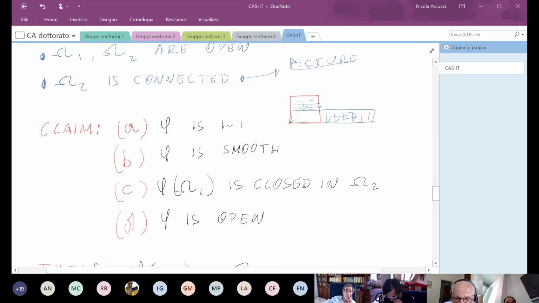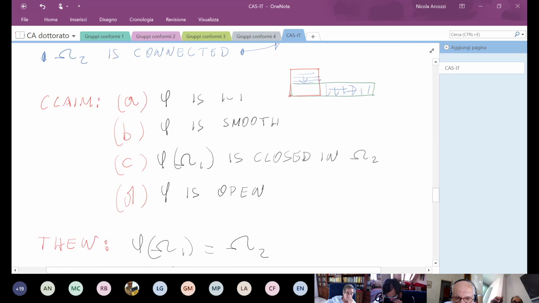Third, that the image of omega 1 is closed in omega 2, which means that if Ln is phi of xn, and this goes to some L in omega 2, then there exists x in omega 1 so that phi of x is equal to L.